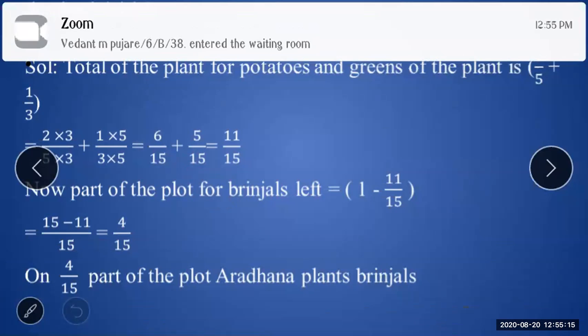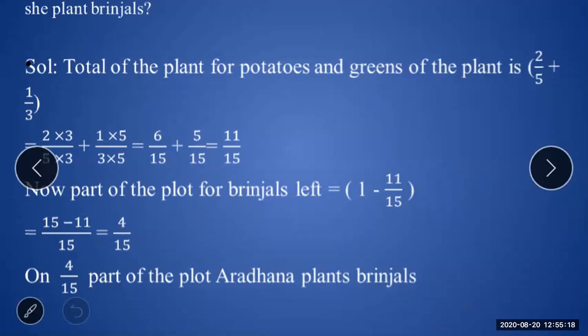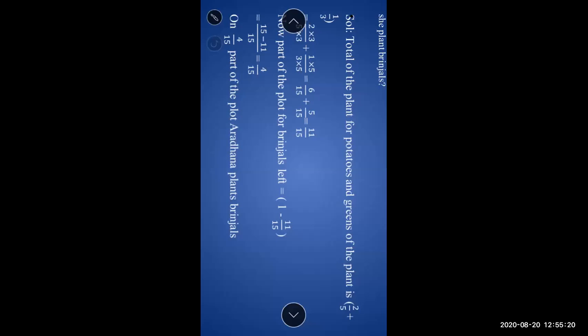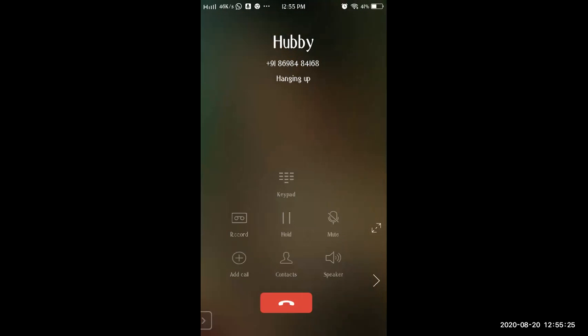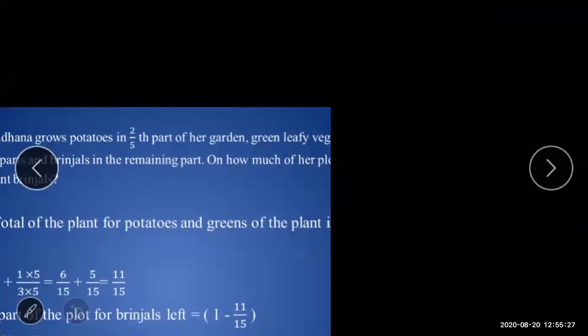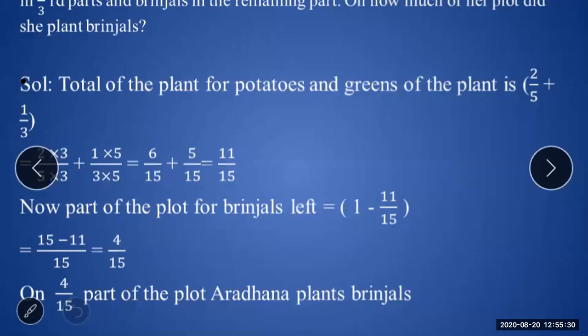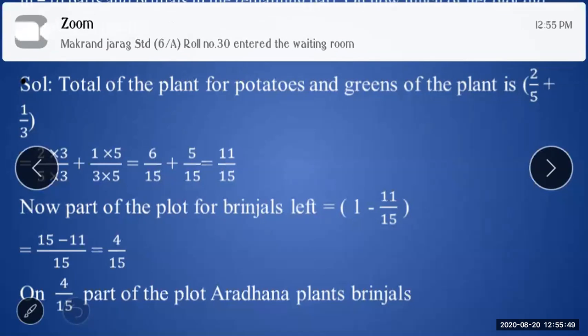Because she grew first potato in 2/5 part, and she grew green leafy vegetable in 1/3 part. Now here we have to add 2 upon 5 plus 1 upon 3. What do you have to add? You have to add 2 upon 5 plus 1 upon 3.